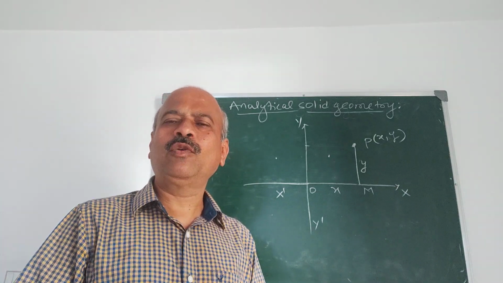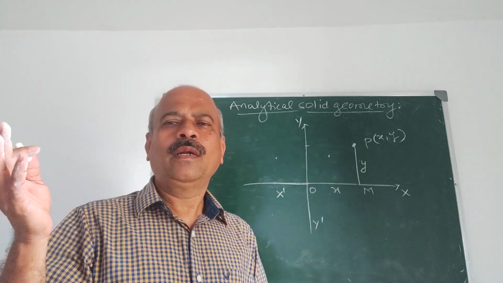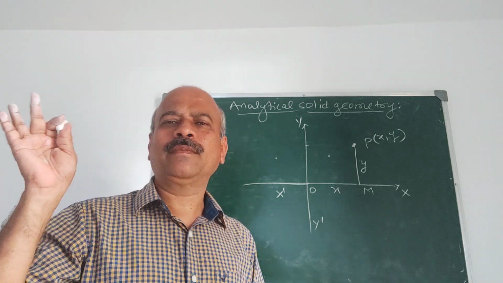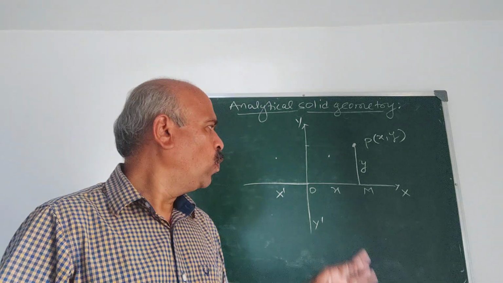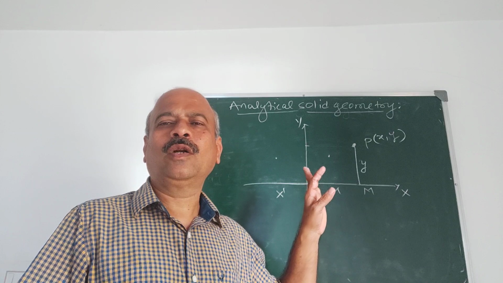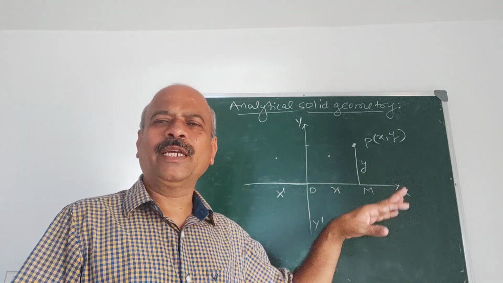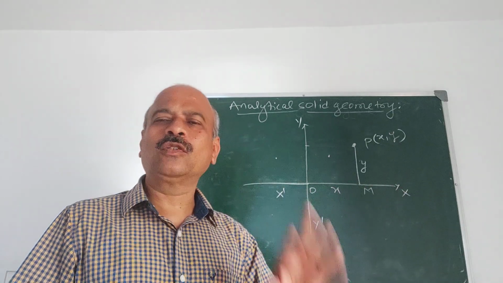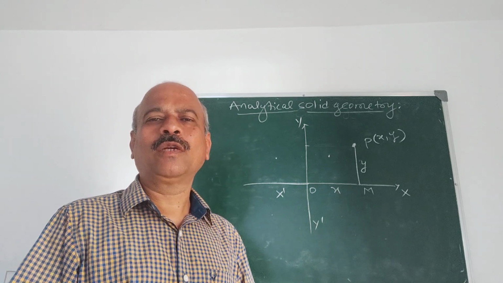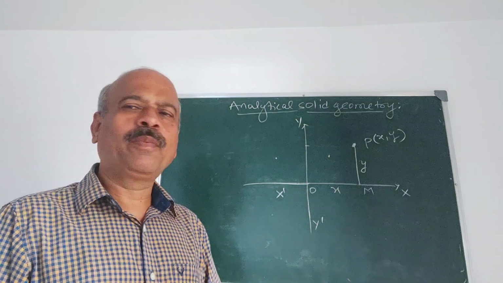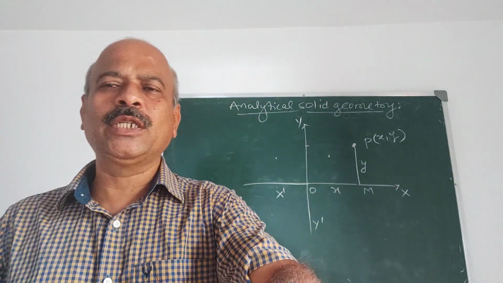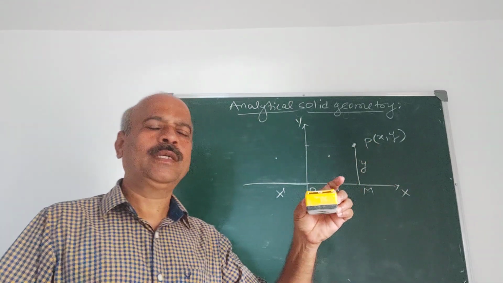To represent the position of the tip of the fan in space, only two distances are not sufficient. Height is also required. Suppose we have to represent this object.